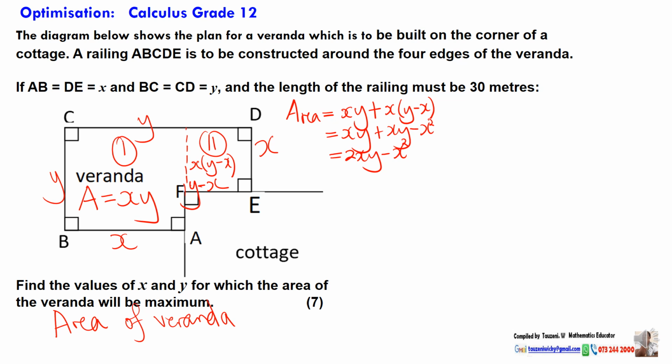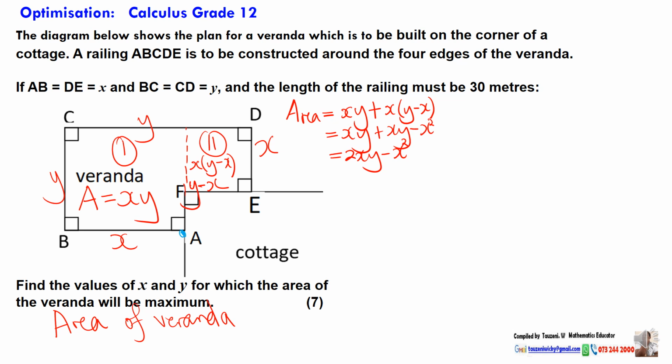When you find the expression for the quantity you want to maximize, you must differentiate, equate to 0, and solve for x. Now, if your expression has two variables, like here, I have got x and y, you can't differentiate in that form. It means you must formulate another equation using the information provided, and that information will always be there. Then you substitute.